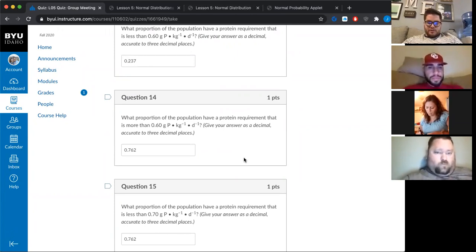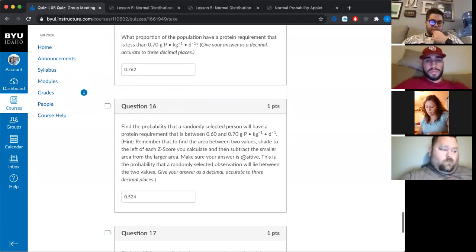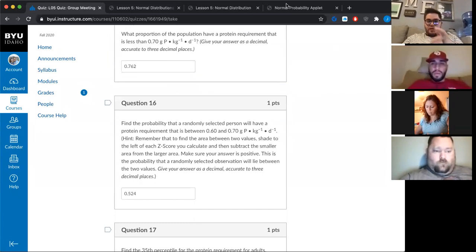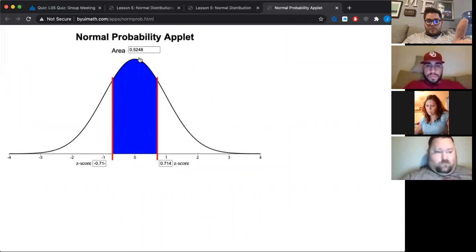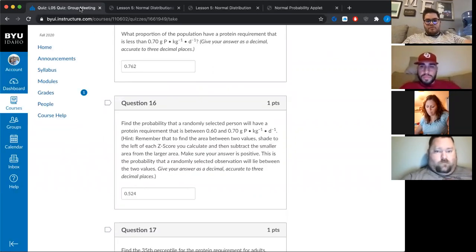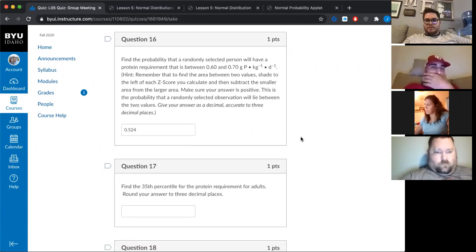If you do 0.762 minus the 0.237 from the previous answers, it is 0.525. So that's a good question, Andrew. If I do the shading, it's 0.524. But if you do the subtraction between the 2 previous answers, then we get 0.525. I don't know what accurate to 3 decimal places means, if you round or not.